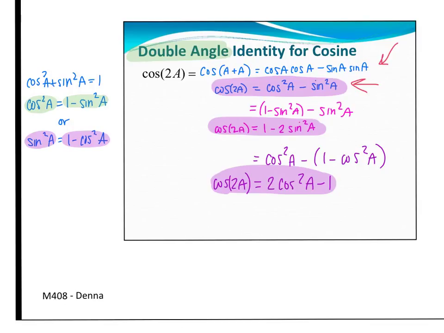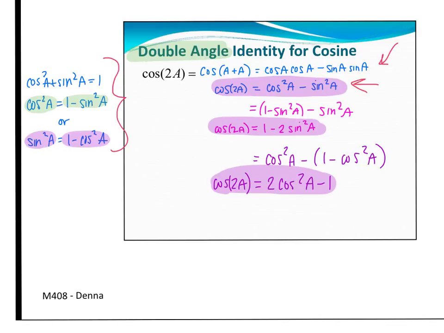Now we talked about how it's not always practical to have a formula that has two different functions in it. It would be more practical if we could have one formula that only used cosine or only used sine. And so in order to make that happen, we utilize the Pythagorean identities, and we rearrange the Pythagorean identity for both cosine squared and sine squared.